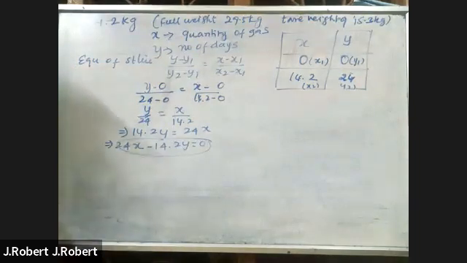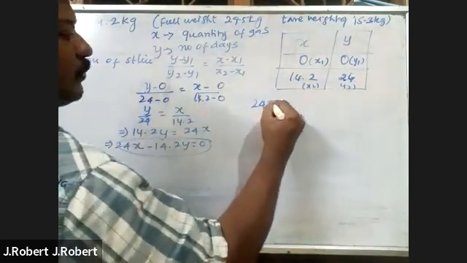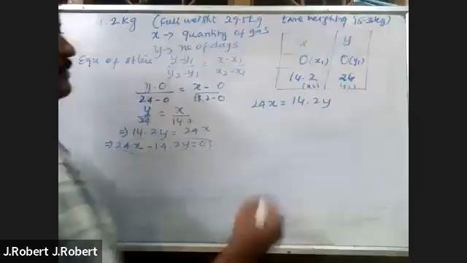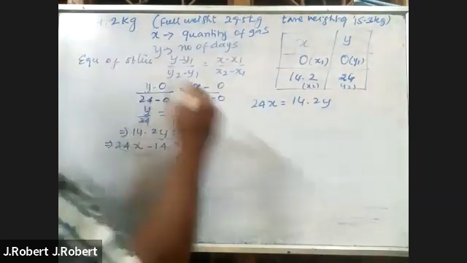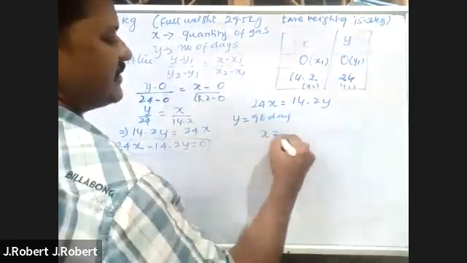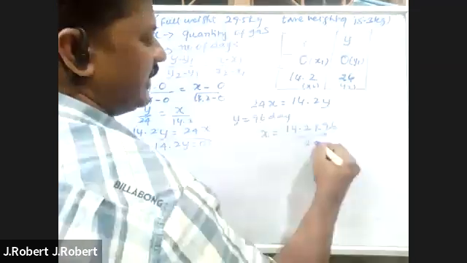For the second, how much quantity will I have used in the first 96 days? The number of days is Y and the quantity of gas is X, so we have to find X. We have 24X equals 14.2Y. Now Y is given as 96 days. So X equals 14.2 into 96 divided by 24.